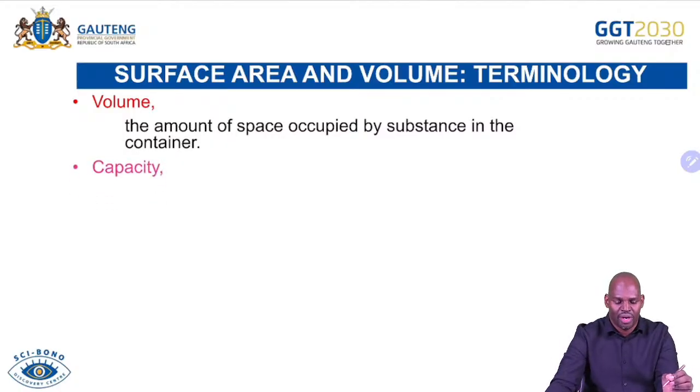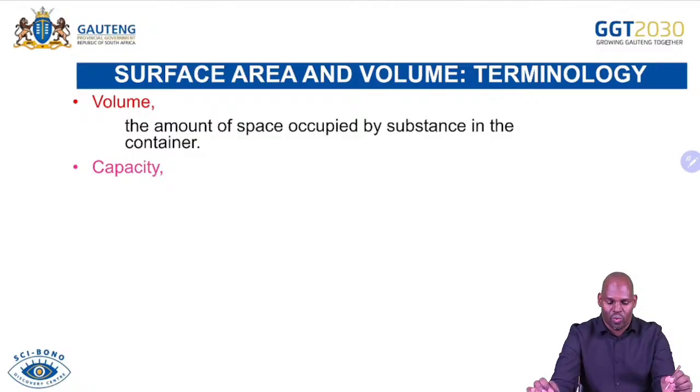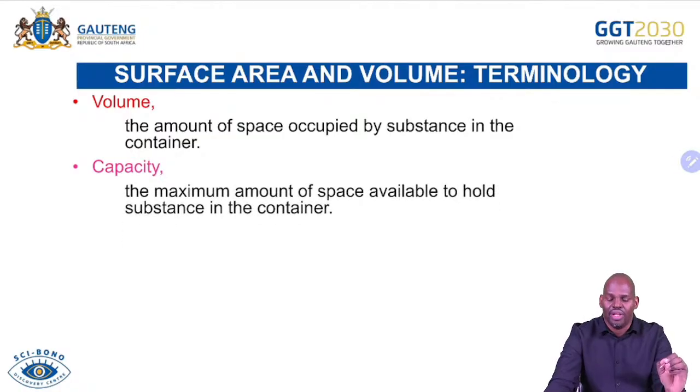Then we've got the next one, and most of you boys and girls confuse the two terminologies, the volume and capacity. So you need to be very clear. When the examiner asks for a volume or a capacity, you should be able to define either one. Capacity is the maximum amount of space available to hold substance in the container.